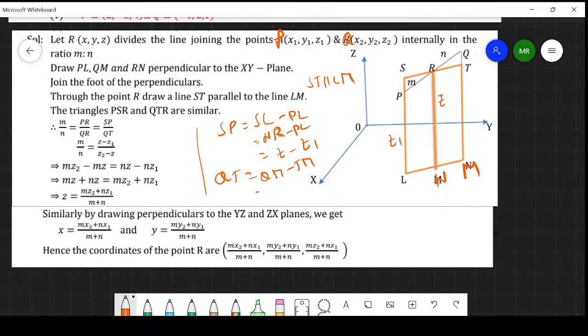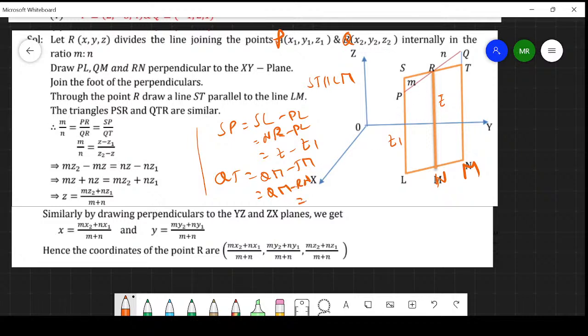I hope you understood this, right? What is TM? TM is parallel to RN, so I can write RN, or NR. QM minus RN.